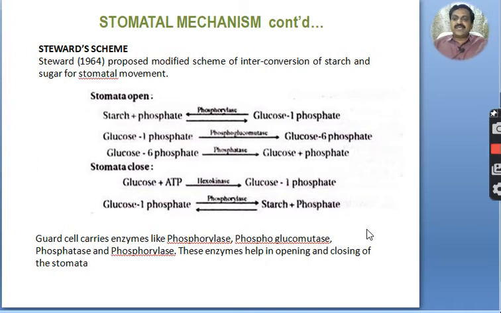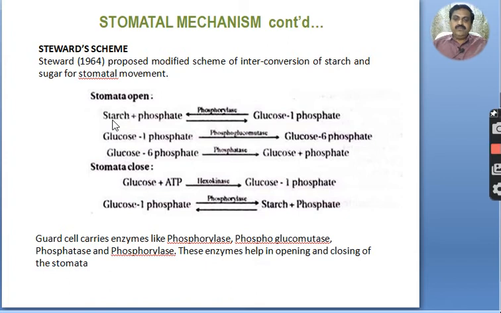To explain this further, there is a theory called Steward's theory. Steward in 1964 modified the starch sugar interconversion theory to a little extent. In Steward's theory, look at the reaction.